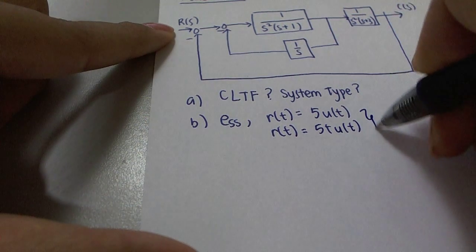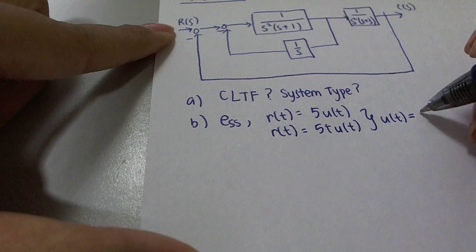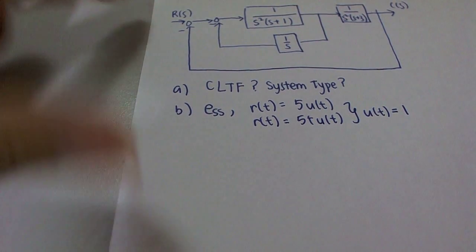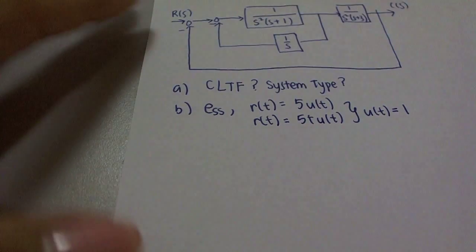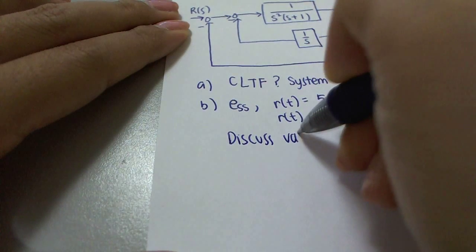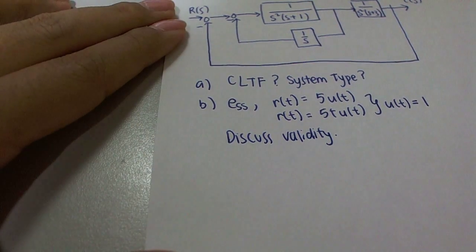And in this case, u(t) is equal to 1, which is a step input. And then also discuss the validity of the steady state error that we found.